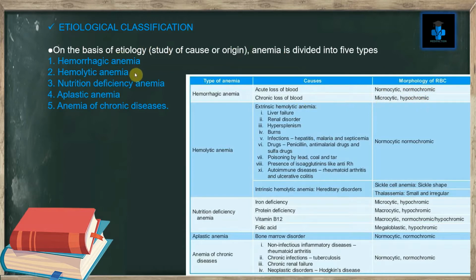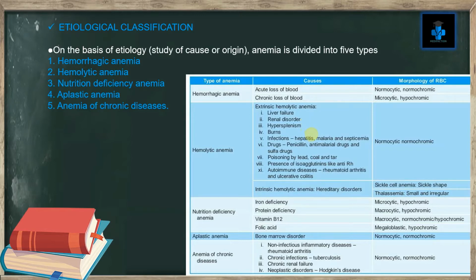The second type is hemolytic anemia. In hemolytic anemia, the causes will be extrinsic or intrinsic. What causes extrinsic? Number 1 will be liver failure, or it will be renal disorder, it may be hypersplenism, burns, infections like hepatitis, malaria, septicemia, or drugs also cause this.